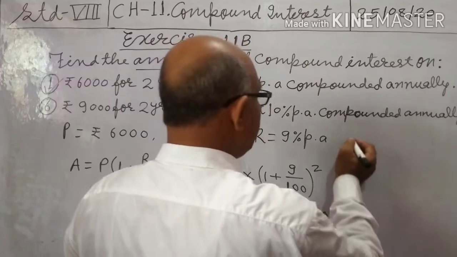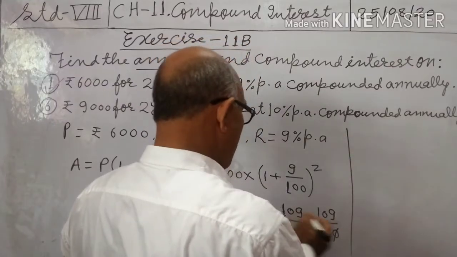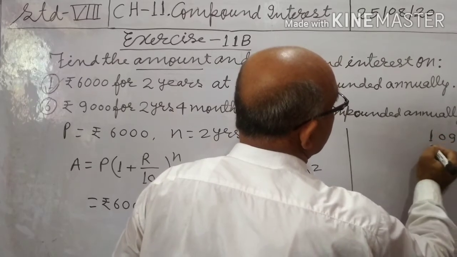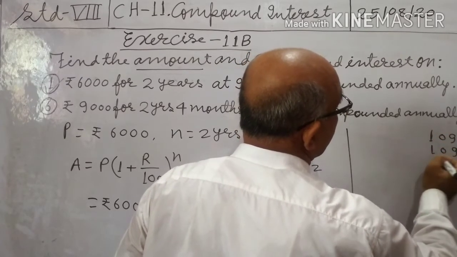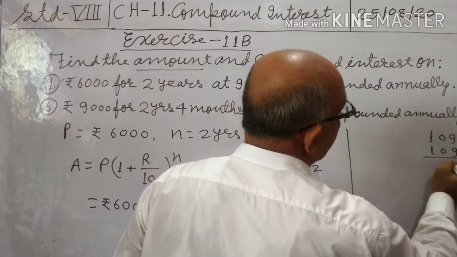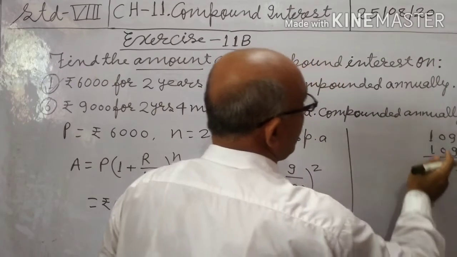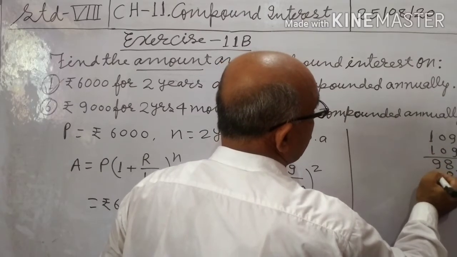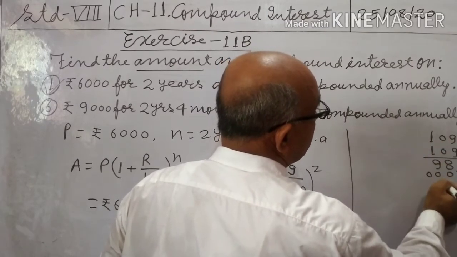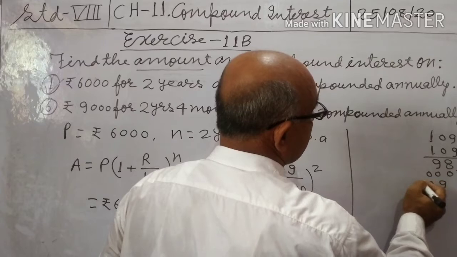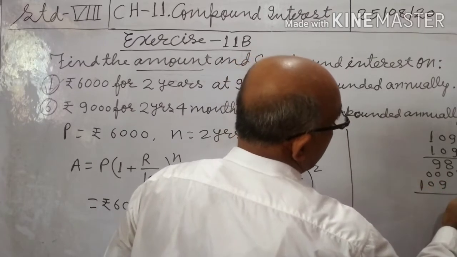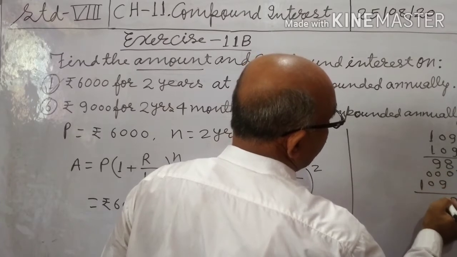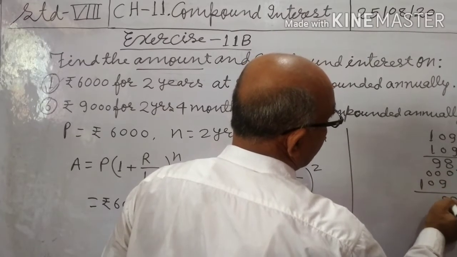Now multiply here: 109 into 109. 9 9 is 81, and so on, and we get 11881.